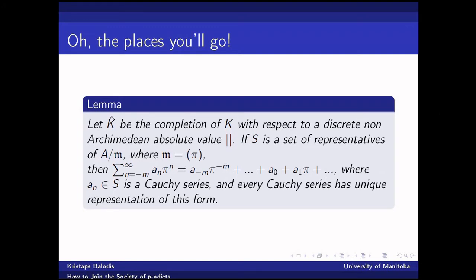Well, if we have a set of representatives S for our quotient, and of course, as we saw, this means our maximal ideal is also principal, then it turns out that the series starting from some finite negative power and going up to a large infinite power, where of course our coefficients lie in our set of representatives, is Cauchy, so in particular represents an element, and in fact every Cauchy sequence has a unique representation of this form.